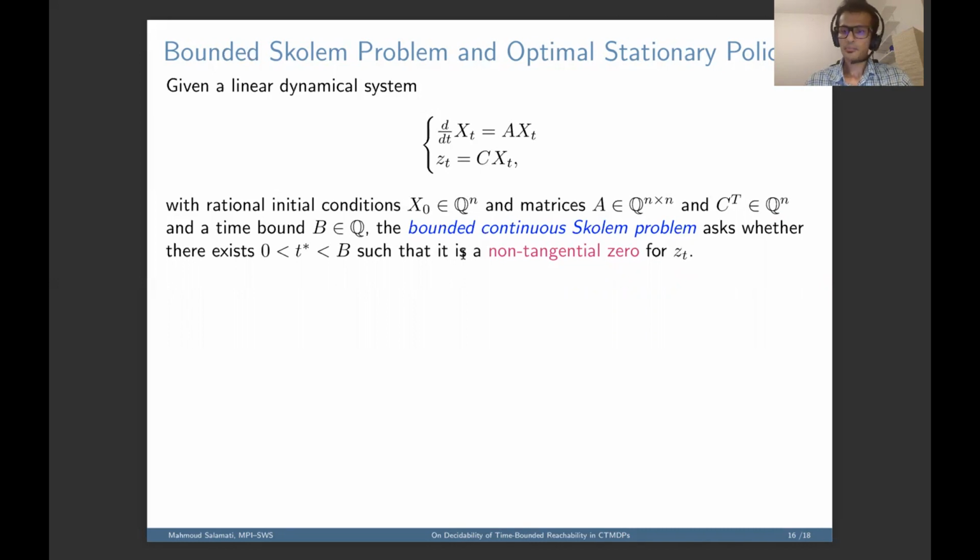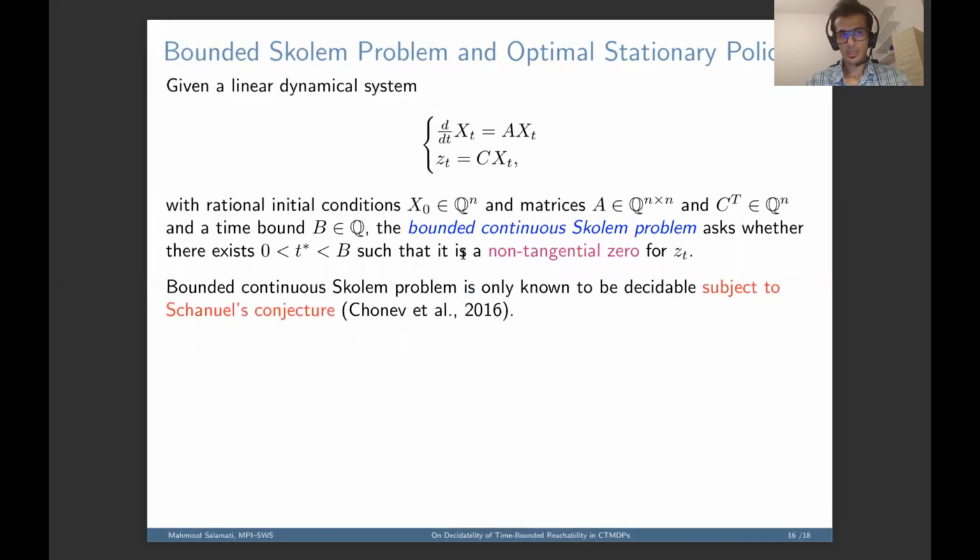And this problem has been open for many decades, and only recently it was shown that it is decidable subject to Schanuel's conjecture. But the problem itself is quite hard, such that the only decidability result requires Schanuel's conjecture.